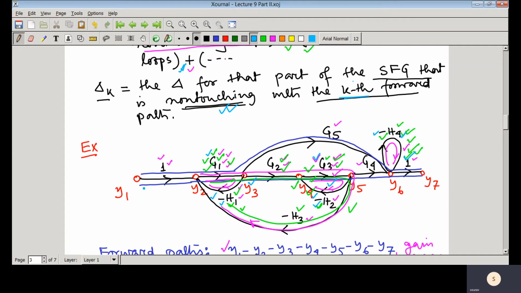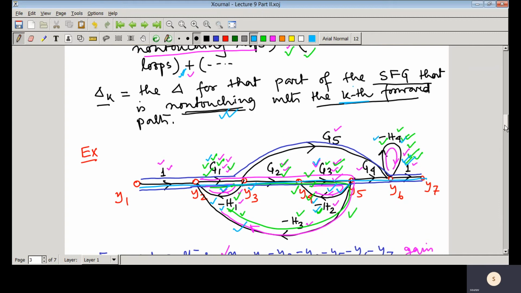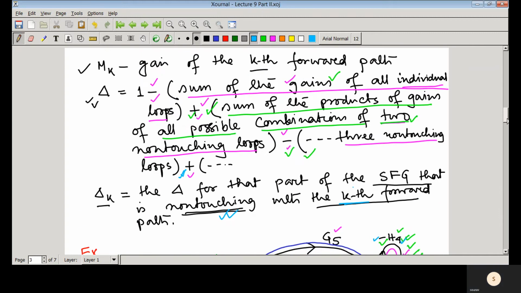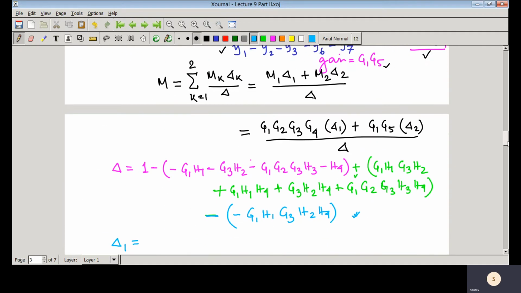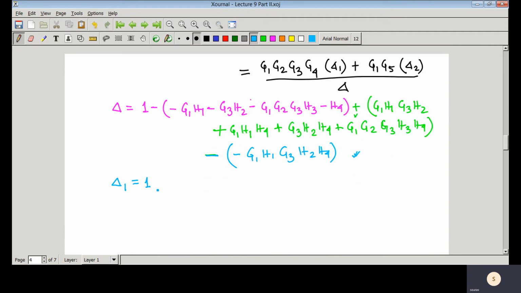The first forward path is this one, and you can see that this loop, this loop and that loop, all 4 loops touch this forward path. So delta k is equal to only one, because the other terms do not exist. So here delta 1 equals 1.